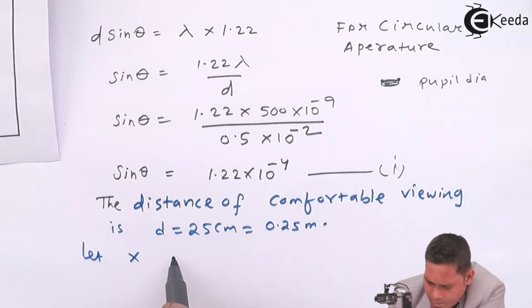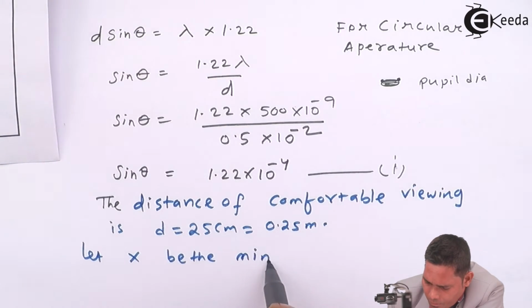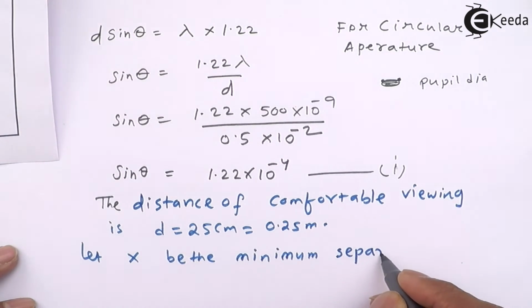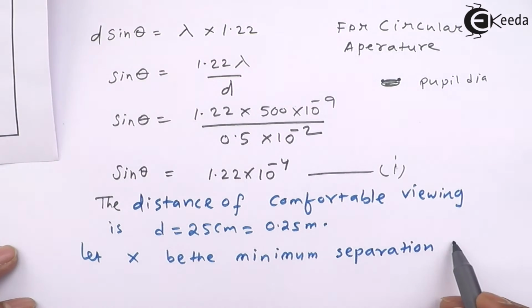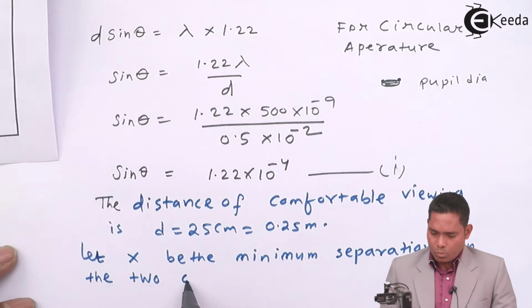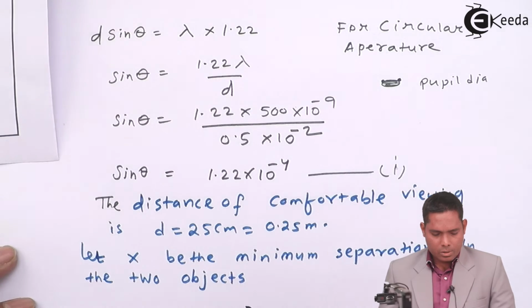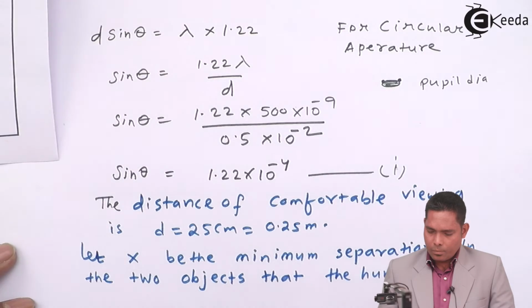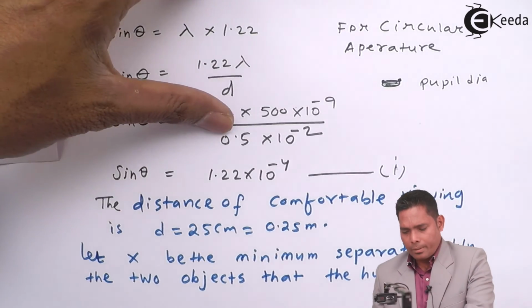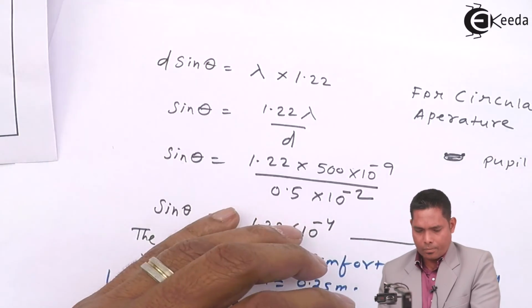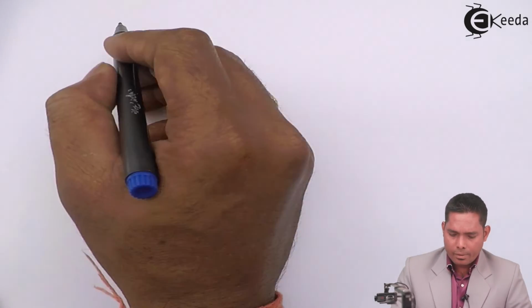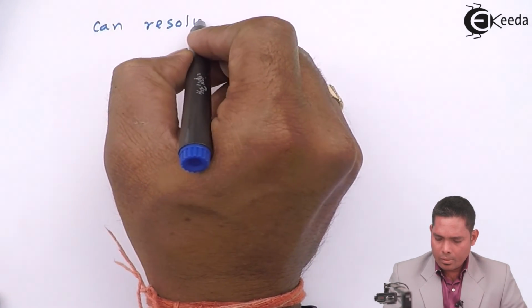Let x be the minimum separation between the two objects that the human eye can resolve.